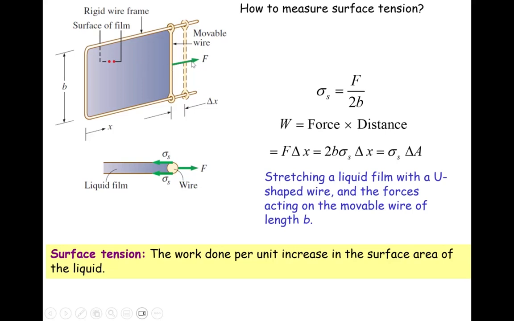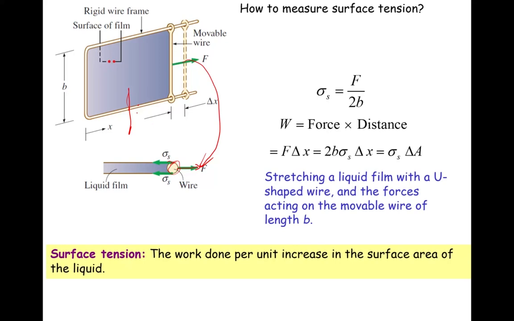How do you apply this force? Remember, if you look at the cross section of this rod, it is a circle. Now, surface tension acts on this side and on the back side of it as well. That means when you apply the force F, there is one surface on this side and another surface on the other side.